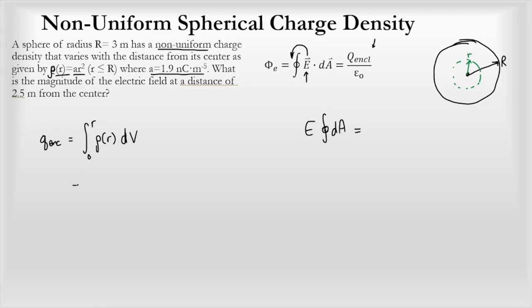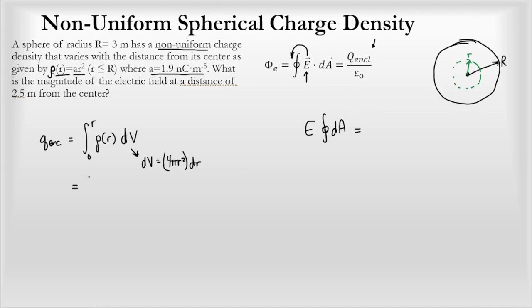This becomes not a terrible integral, though it may be a little hard to put together. When I look at dV, because I have spherical symmetry, I'm going to have the surface area times dr. So dV is 4 pi r squared, that's the surface area, and that surface area is dr thick, and that's true for all r.